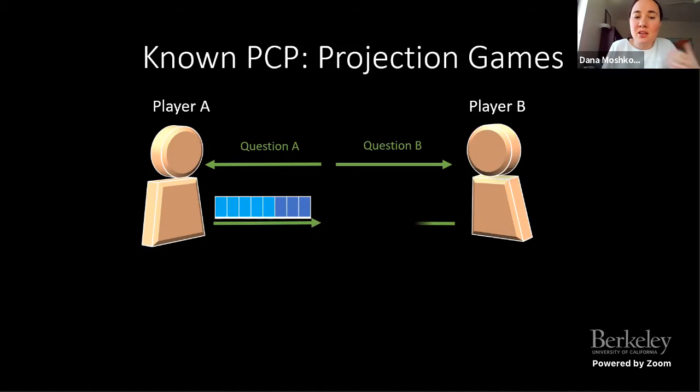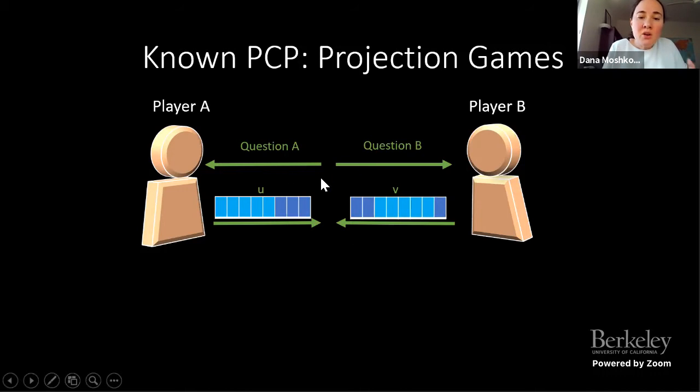And then player A responds with its answers, or maybe those assignments to those variables, and player B responds with its assignments. And the verifier organizes it so the 2 questions are going to have a large overlap, right? So the question to A will have some subset of variables, and the question to B will have an intersecting subset of variables.